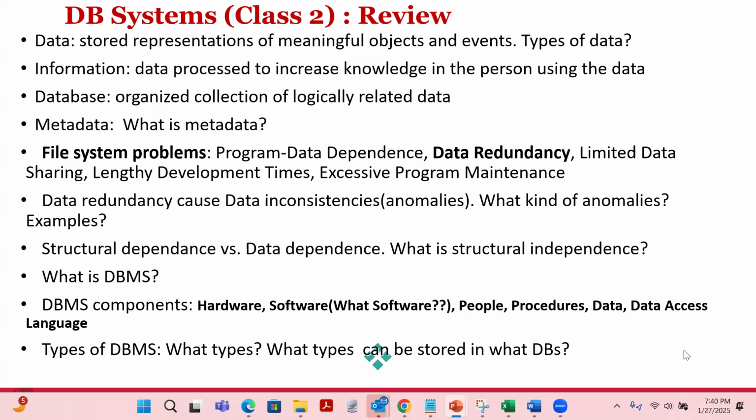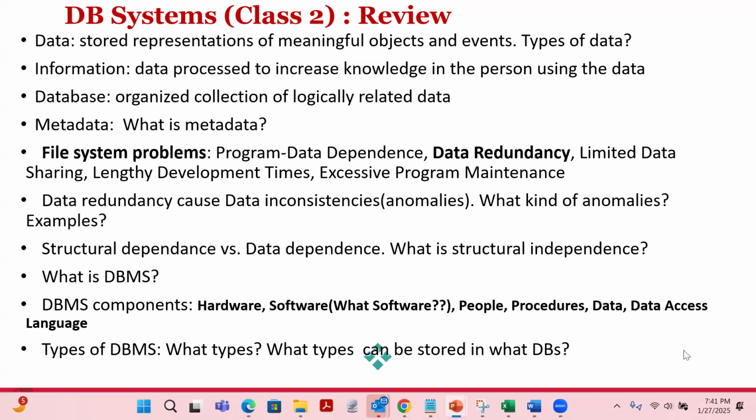We also talked about database management systems and its components. It includes software, hardware, people, procedures, data access language. And data access language in the duration of this class for us is going to be SQL.